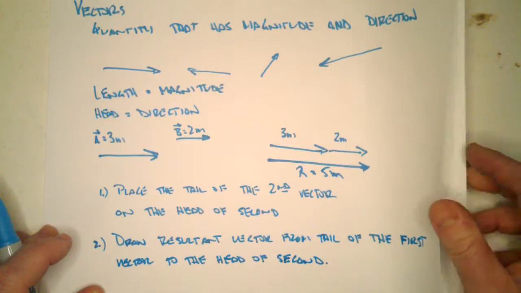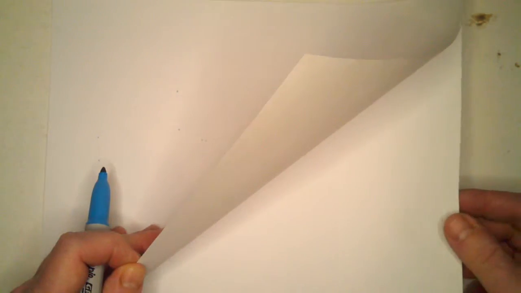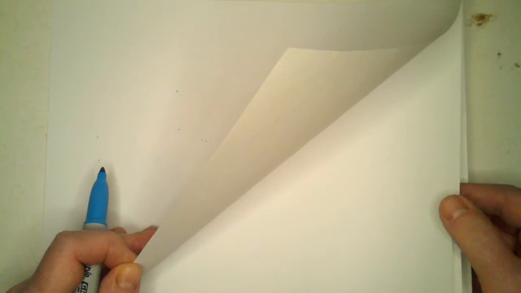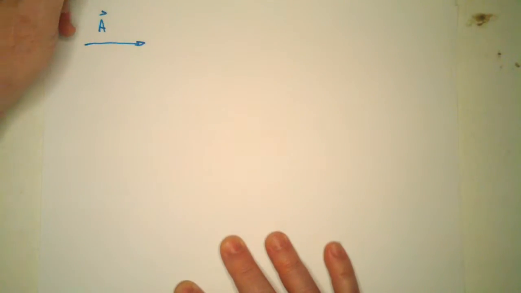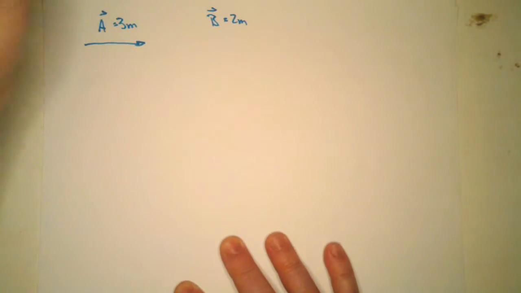We can also then subtract vectors from one another. And the rule is actually the same as regular old addition. So let's say again we have vector A, that is 3 meters, and vector B, which is 2 meters.